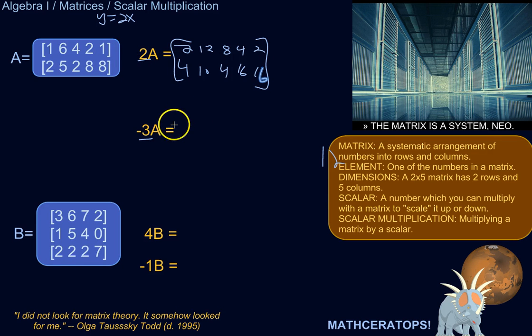All right, I'm going to do another one real quick, and then I'll let you do these scalar multiplications. Now I want to multiply matrix A by -3.